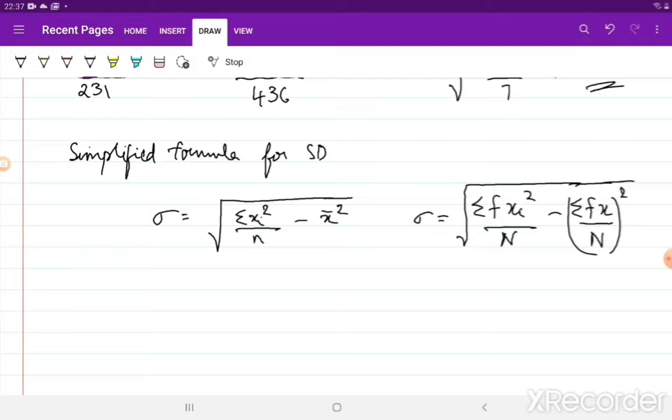Just to point out, since the i is understood, I think in the book they are just writing it as fx square. So xi would mean each individual value of x. They're just ignoring the i subscript.